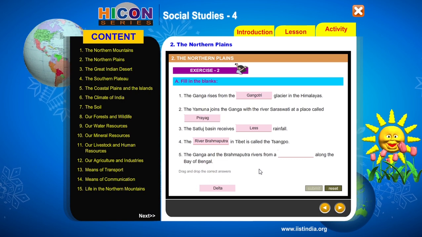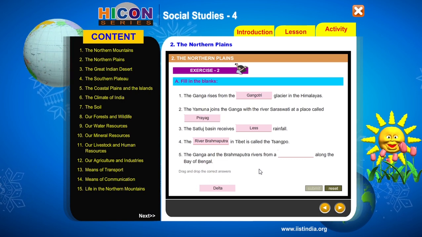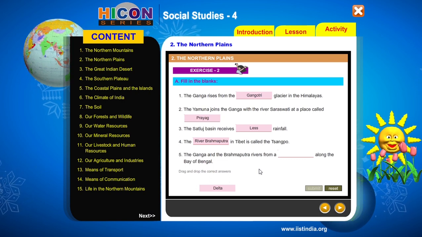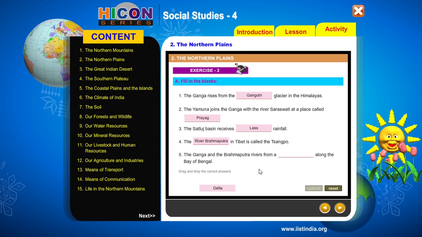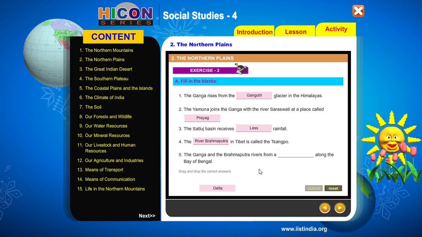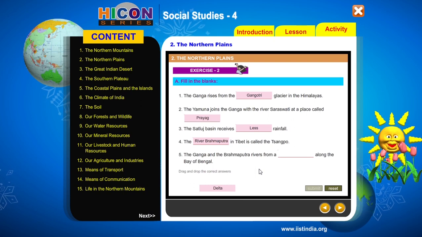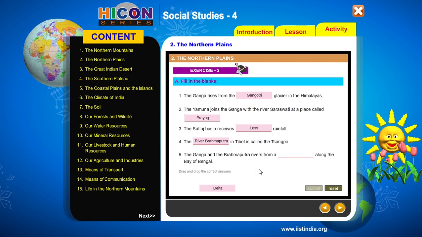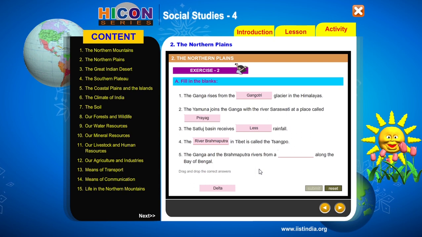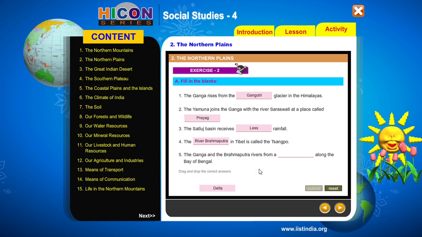Fifth one. The Ganga and Brahmaputra rivers form a dash along the Bay of Bengal. This also we have seen. Ganga flows through West Bengal. It splits to make a branch, isn't it? Called the Hooghly River.